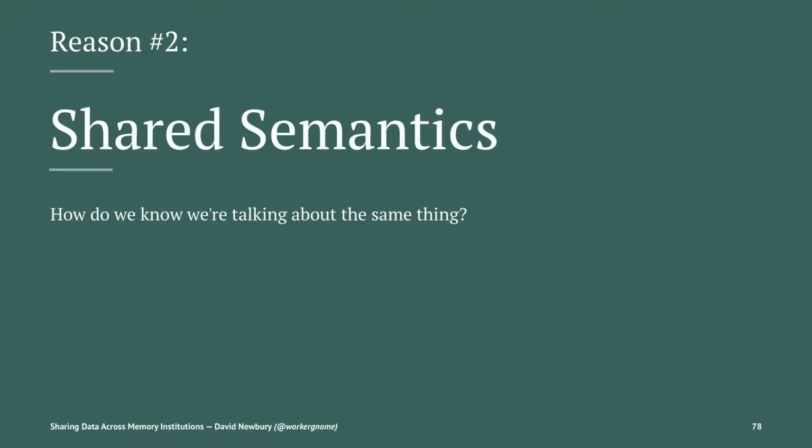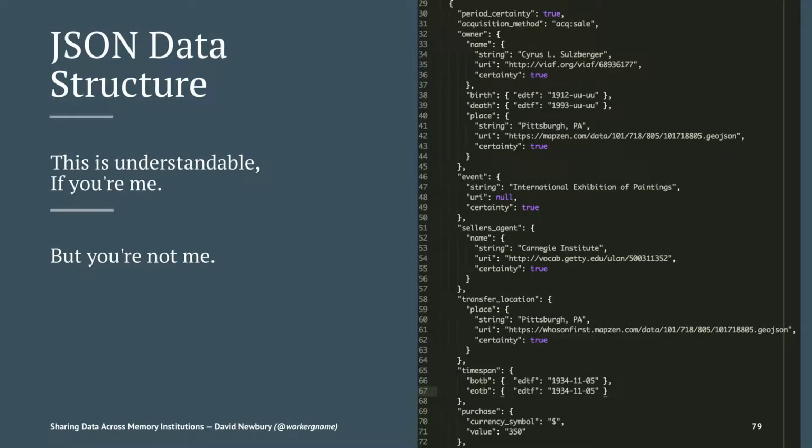And so this is the second thing that linked data gives us, not just a way to define authorities and point to them, but a way to define when I point to that person, why am I pointing to it, and what is the meaning of that relationship that you and I have, so that we know that we're talking about the same thing. We can do that in JSON.